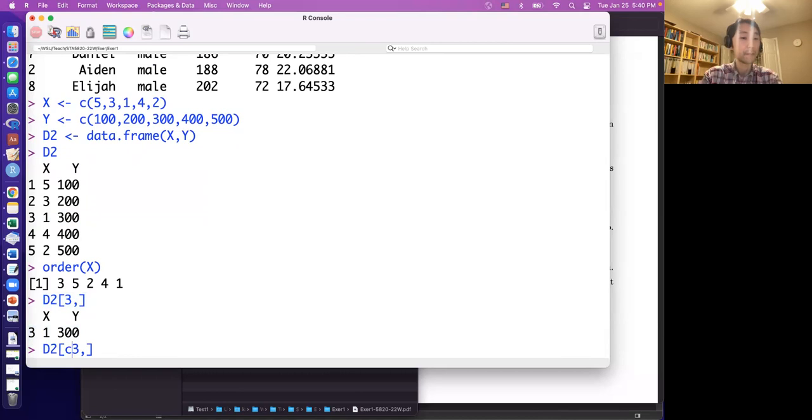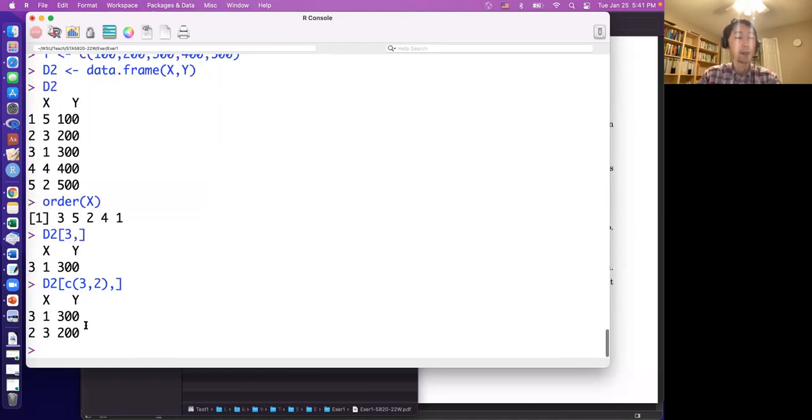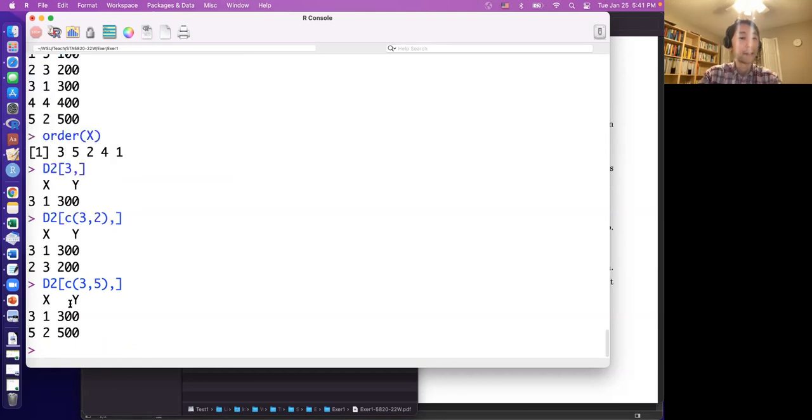Then the next smallest x is the fifth line. So if you put it this way, then you can see this partial data frame. So the x is equal to 1, then y is equal to 300, and x is equal to 2, this observation has the y value of 500.